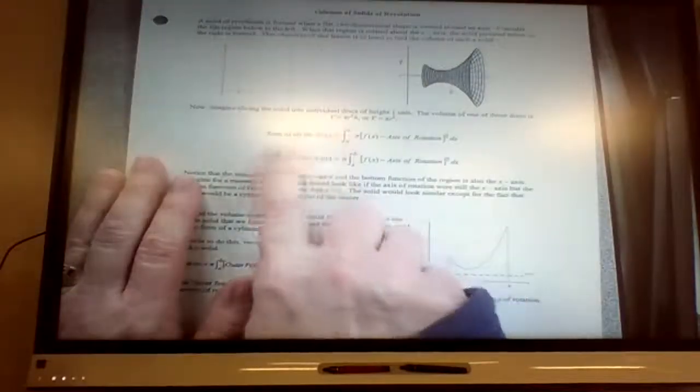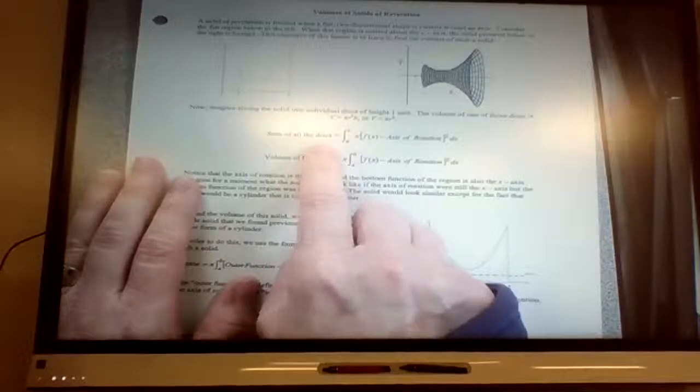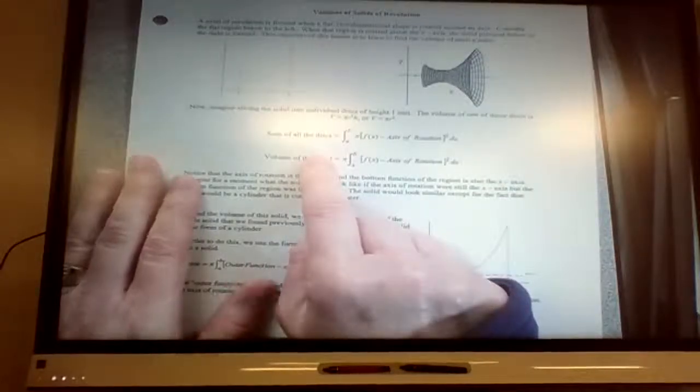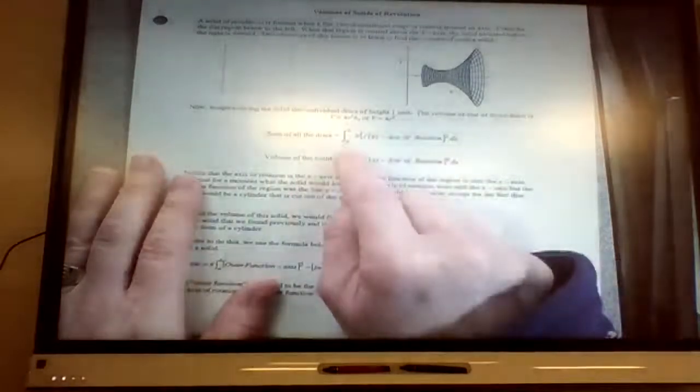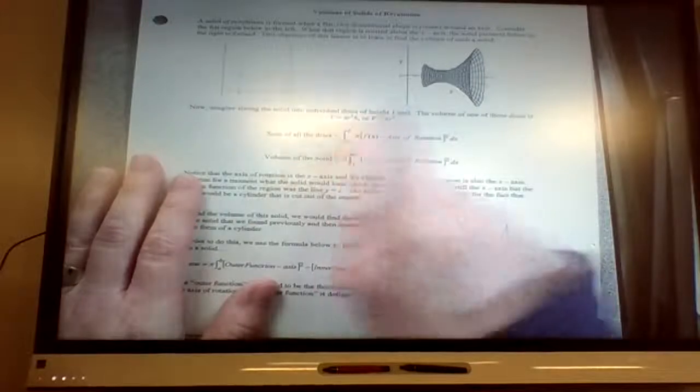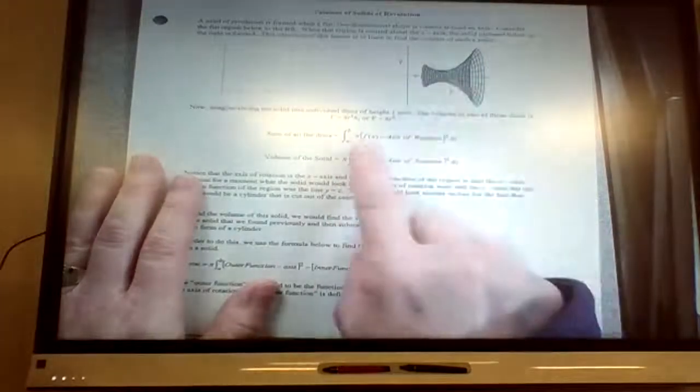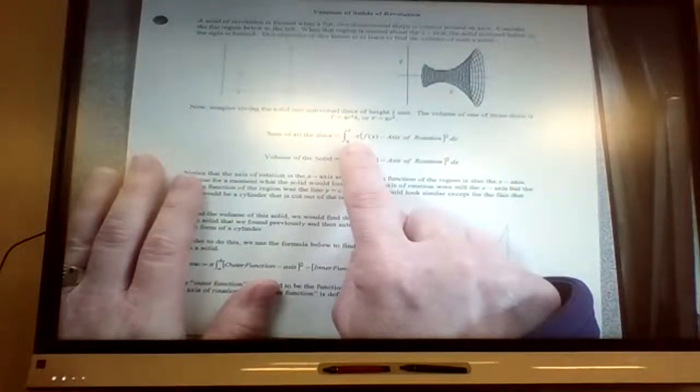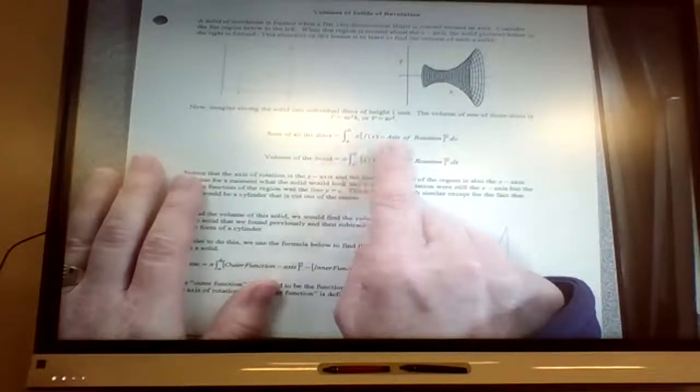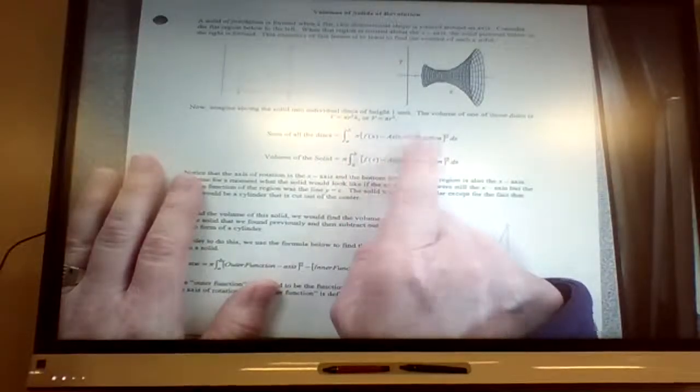So the sum of all those discs would be the definite integral from a to b, from here to here, of pi times f of x minus the axis of rotation, squared.